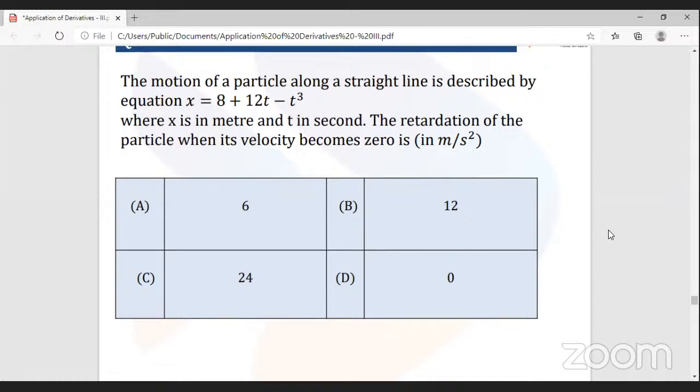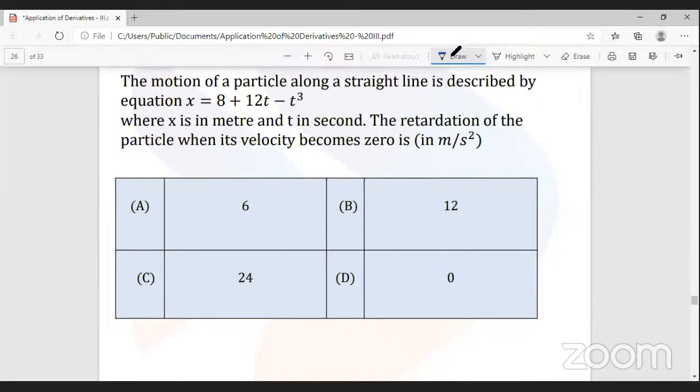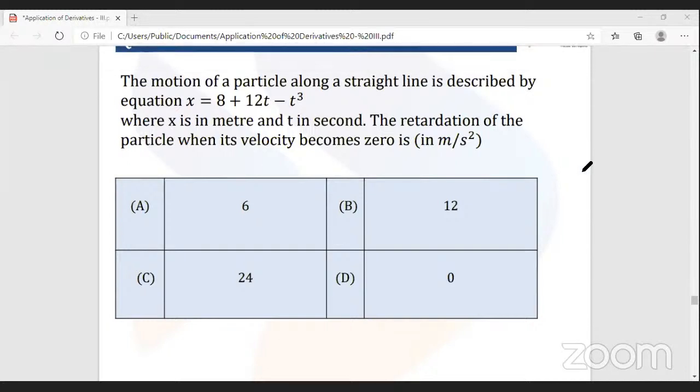Just remember that the area is half into x square sin theta. That's just one more method of getting the area. That was a very typical question, so no need to worry. We discussed that. That's okay.